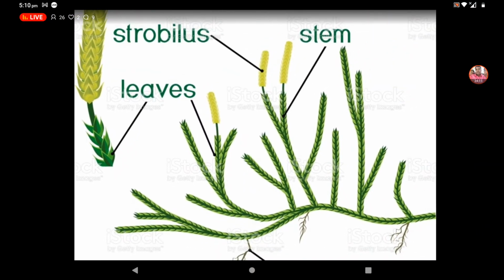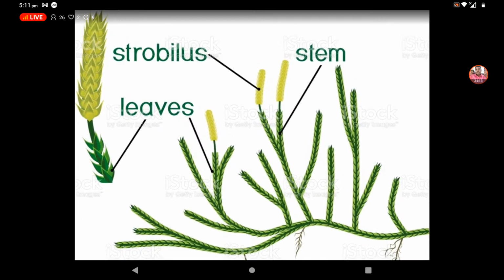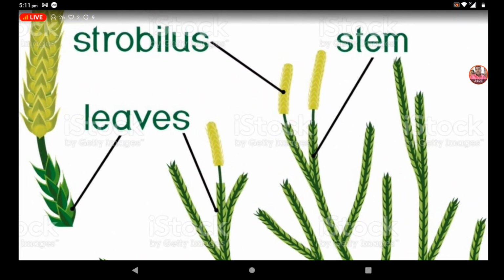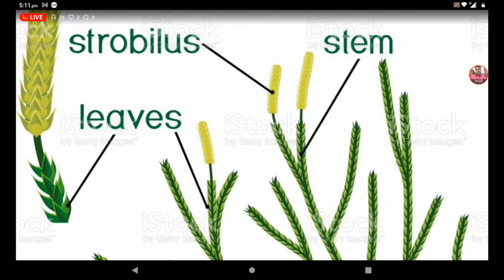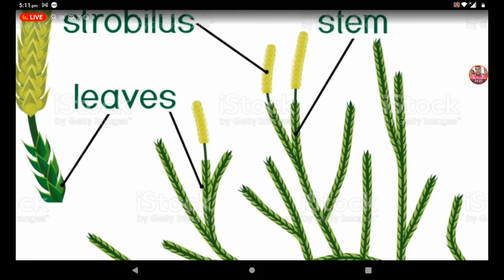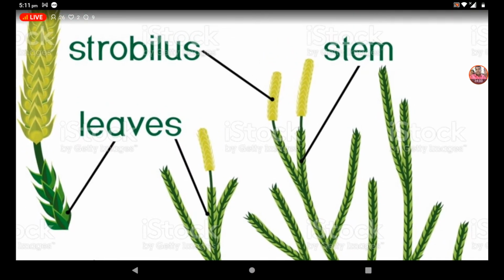That also we will take as an example. Here, leaves which bear the sporangium are called sporophylls. Along with microphyll and macrophyll, we also have sporophyll. The leaf which bears sporangia is called a sporophyll.